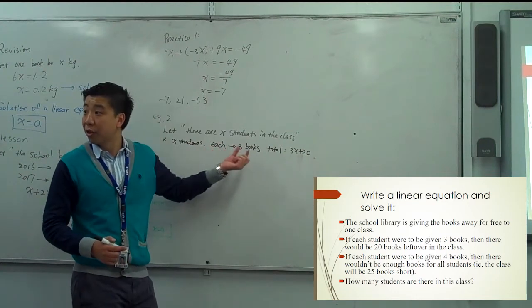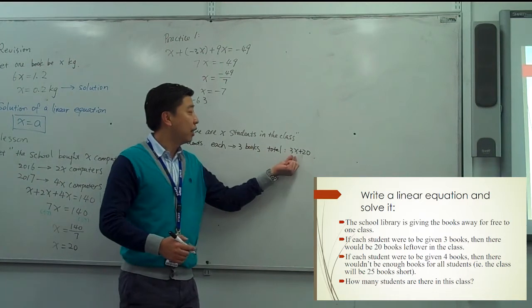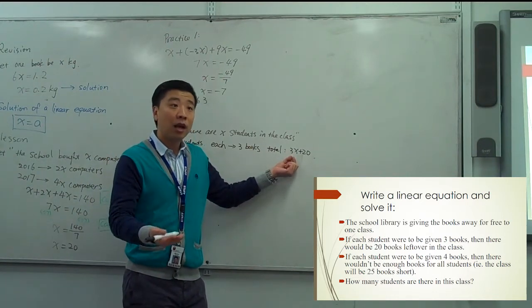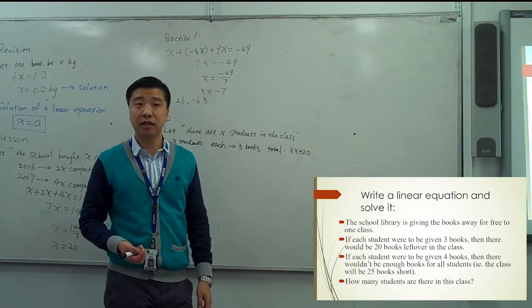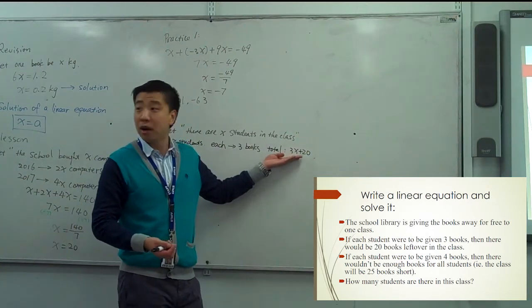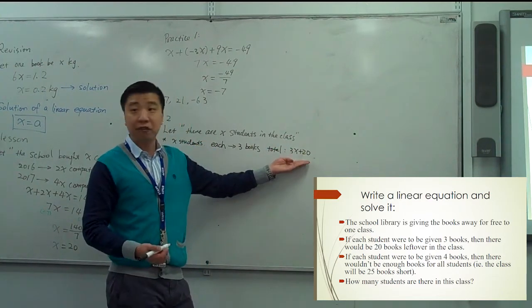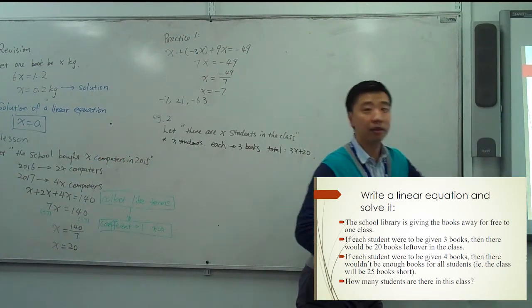Each student, 3 books. You have X lots of students. So you will give 3X lots of books to students. After you distribute, you find I still have 20 left over. So the total amount of books is 3X plus that remaining 20. Is that correct? Good.